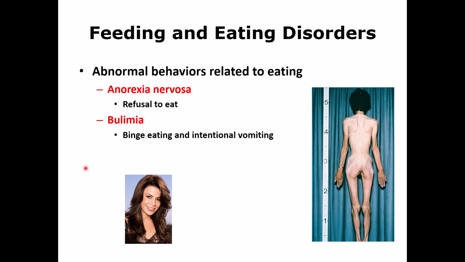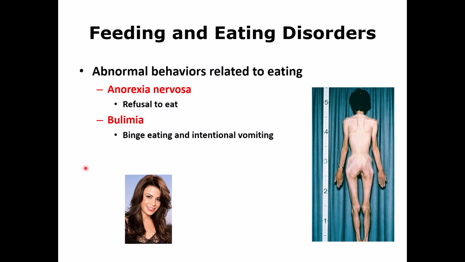Feeding and eating disorders. So one is anorexia nervosa. These patients, usually they're young females during teenage years, and they have problems with their body image, and they don't want to eat, and even if they're losing weight they are still thinking they are obese.